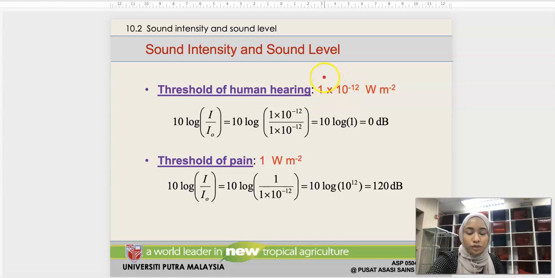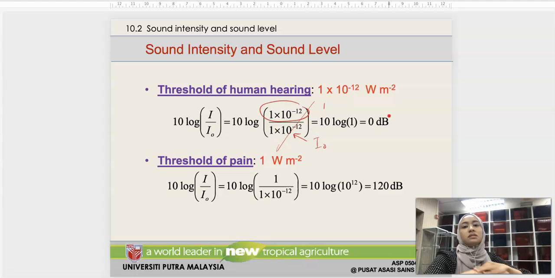So if I were to plug in this intensity, the same intensity, this guy is I naught. So this guy becomes 1. Log of 1 is just 0. Right? Log of 1 is just 0. So 0 times 10 is just 0. So you get 0 dB. So this is the threshold of human hearing.